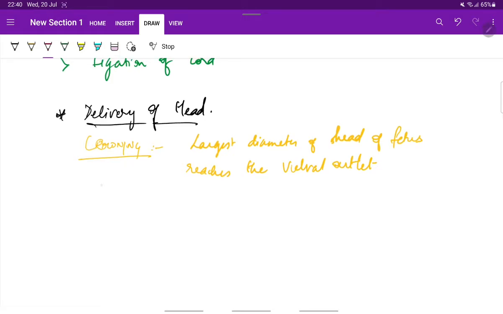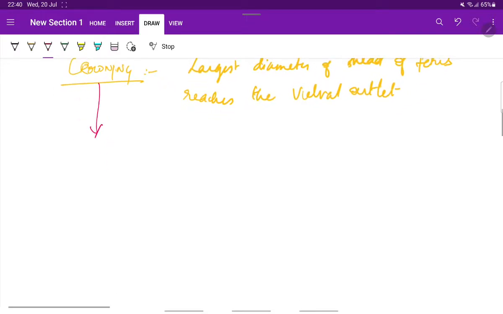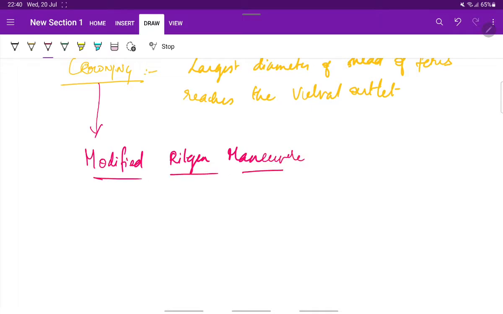So the delivery of the head is done by a maneuver called the modified Ritgen maneuver. Let us see how we do that.